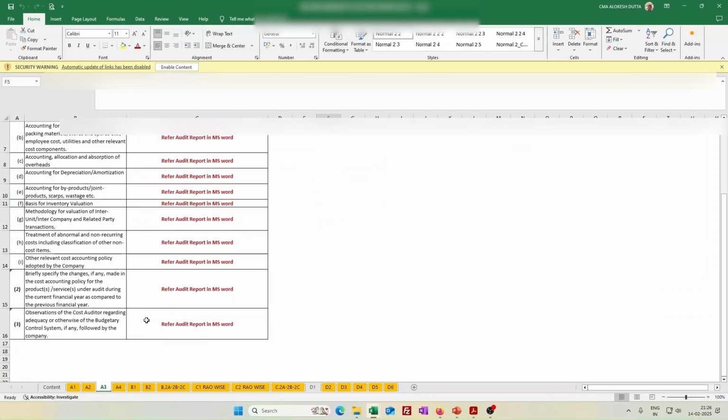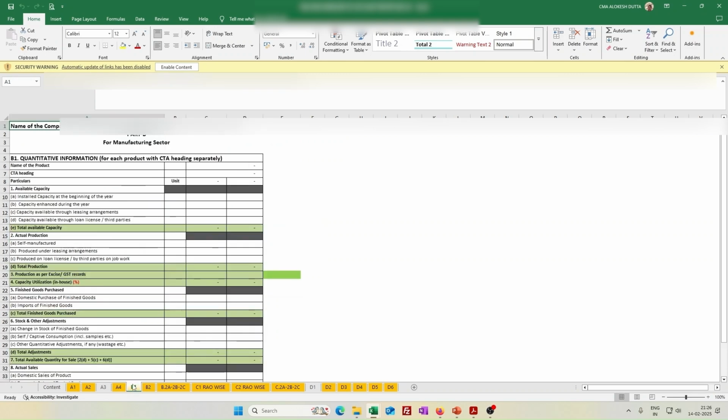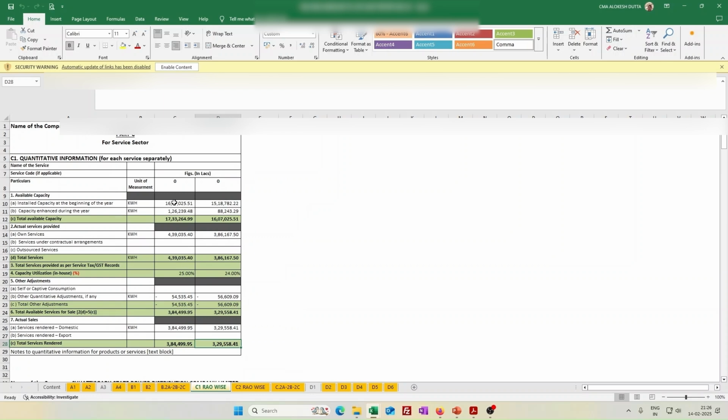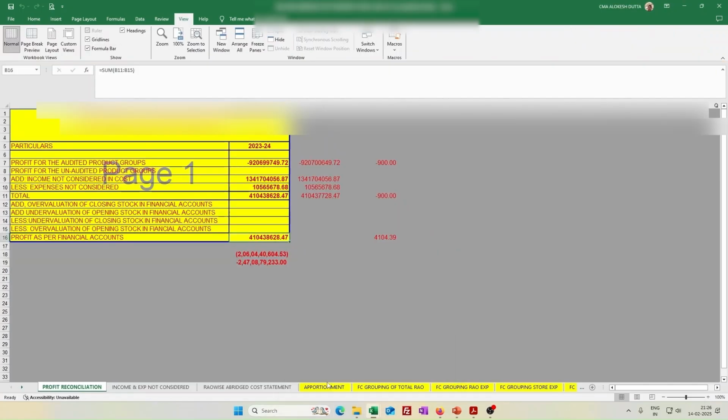A3 is the cost accounting policy. A4 is from the profit and loss account. B1, B2, B3 are not applicable for this service industry. C1 is for data from your provided quantitative data. C2 comes from the annexure we have already prepared. From this one you can see it.